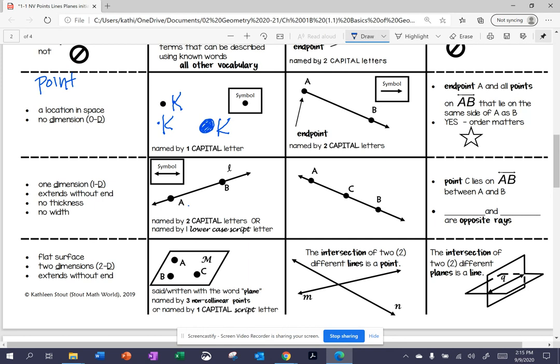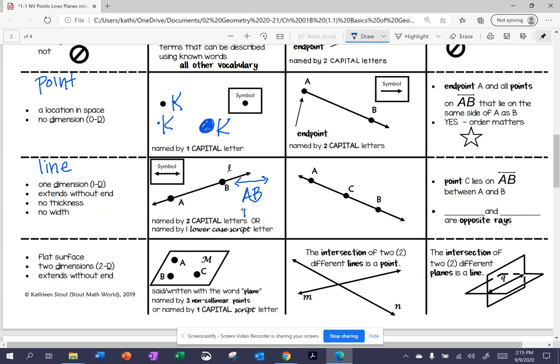Line. So the next undefined term is a line, and it is named by two capital letters. In this example, my capital letters are A and B, and I use a line symbol with arrows on both sides above.